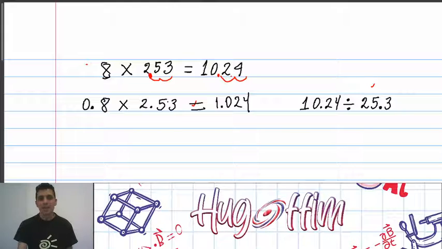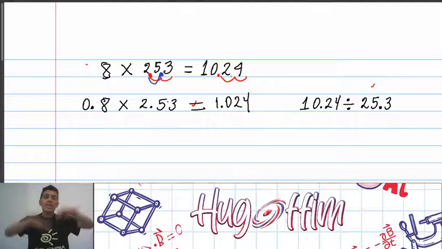But I need 25.3, so it means that this number 2.53, I should multiply it times 10. But I'm not going to change the decimal place on the right side because I will get 102 and I want to get 10.24.